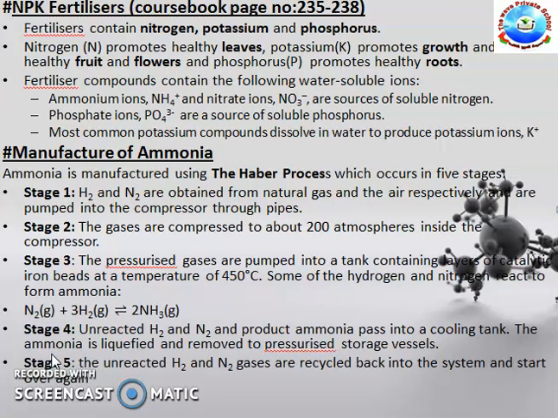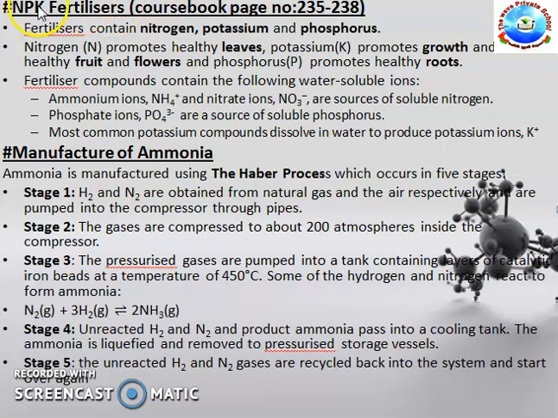Now we are going to see the concept of fertilizer, what exactly the elements present in the fertilizer are, its sources, and its ability to fertilize and give growth to plants. So let's see the concept called NPK fertilizers.